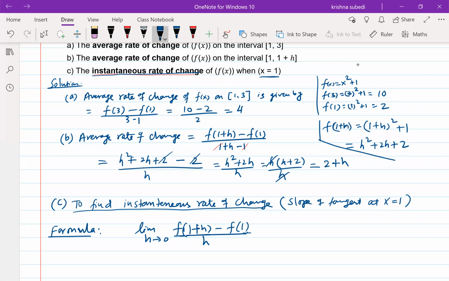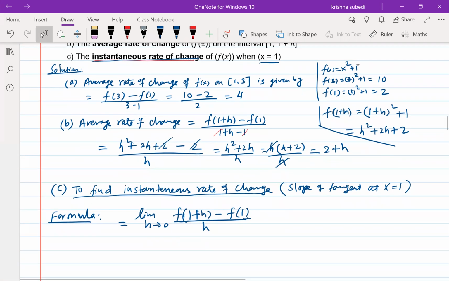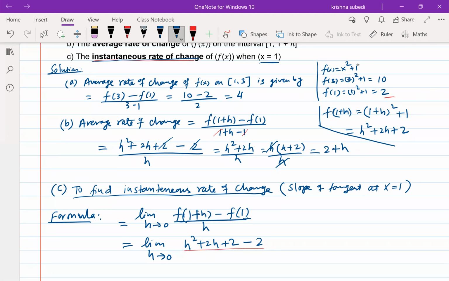So f of 1 plus h, we have already calculated. Limit h tends to 0, f of 1 plus h is h squared plus 2h plus 2, minus f of 1, which we already calculated, so that is minus 2, over h. So this 2 cancels out.